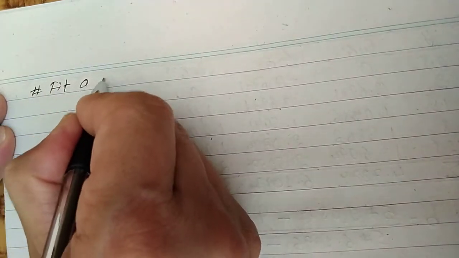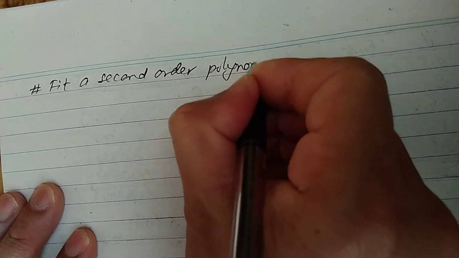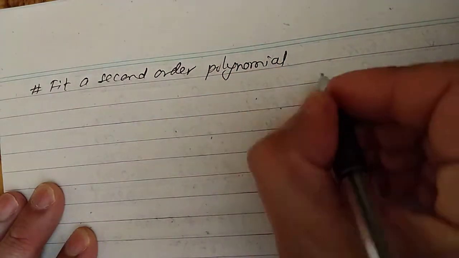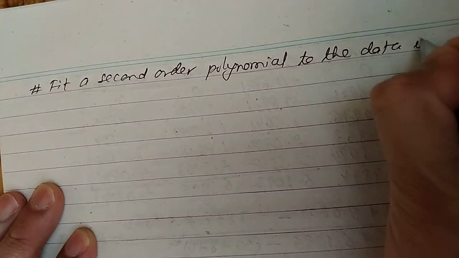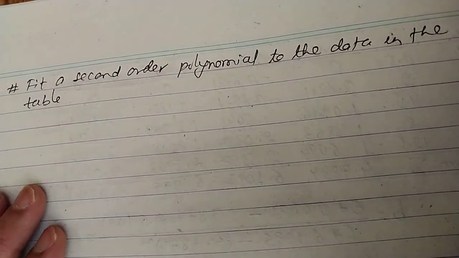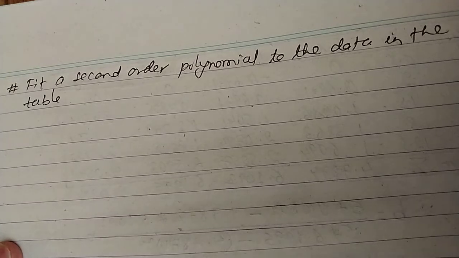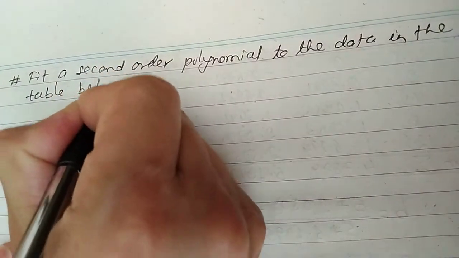So let us do an example related to polynomial. Write down a question. Fit a second order polynomial to the data in the table given below.